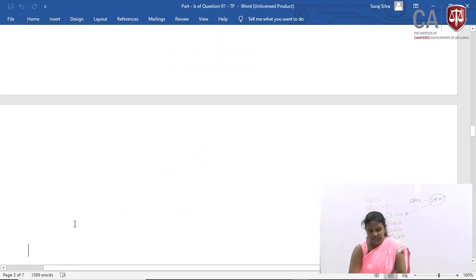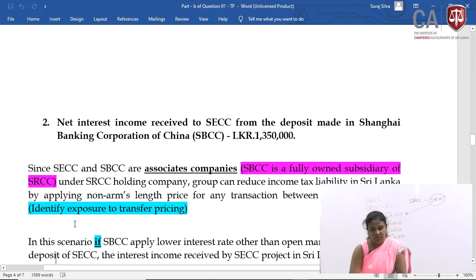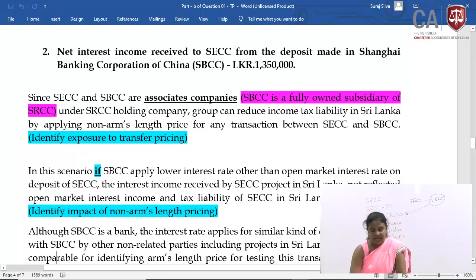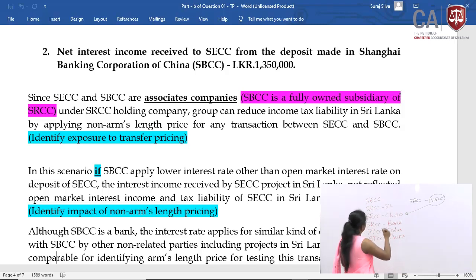Now, the only thing I need is for you to follow the answer format and identify the transactions exposed to transfer pricing risk. And the second transaction: net interest income received by SCCC from the deposit made in Shanghai Banking Corporation in China, which is SBCC.